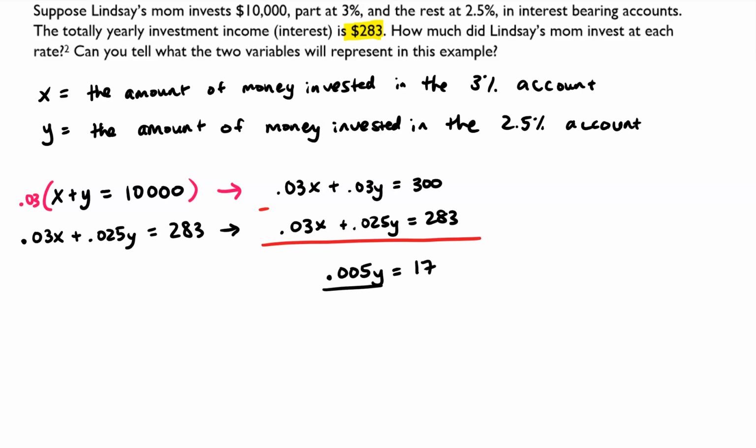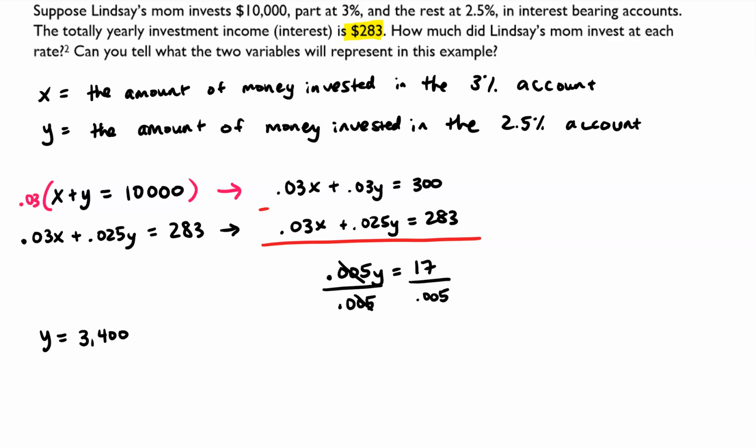Now I want to solve for y, so I'm going to divide both sides by 0.005. And if I do that, I get y equals, and I'm going to throw that into a calculator, 17 divided by 0.005 gives me 3,400.